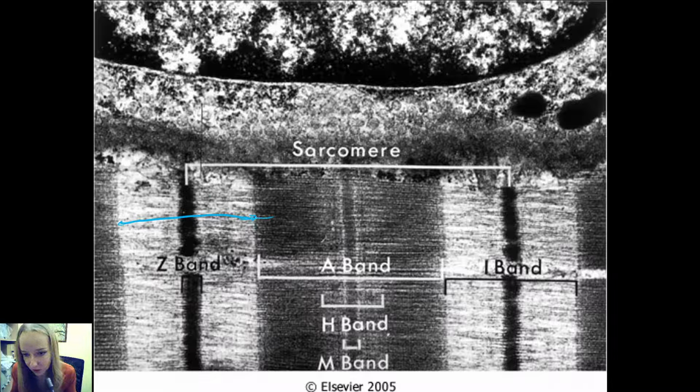But thin filaments are also going this way between the thick filaments, and this is the A band, which contains both thick and thin filaments. In the middle we have H band, which contains only thick filaments. In the middle of H band we have M band or M line, mesophragm, which is a thickening of thick filaments. Everything is connected together nice and firmly, and myofibrils are also connected together via desmin. So you should be able to describe it like this.